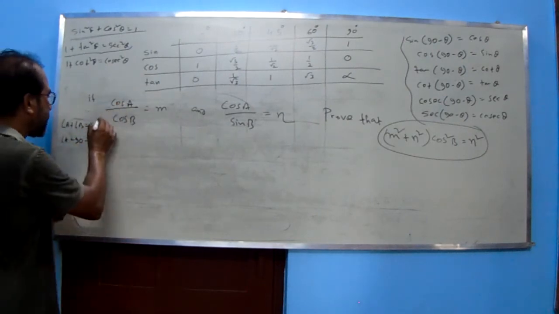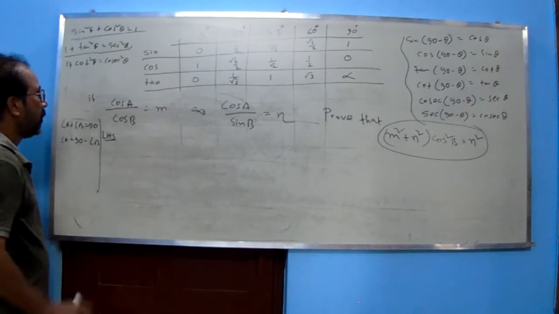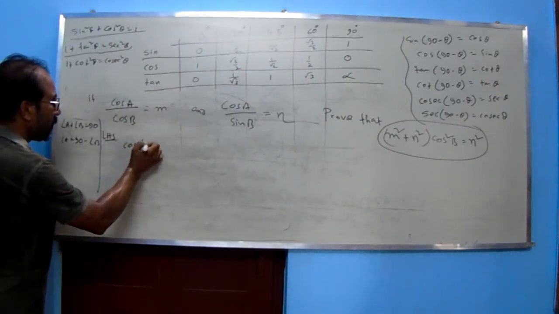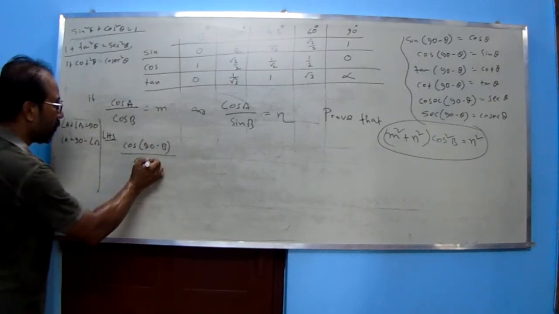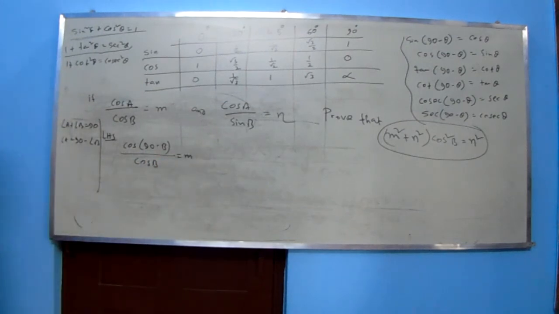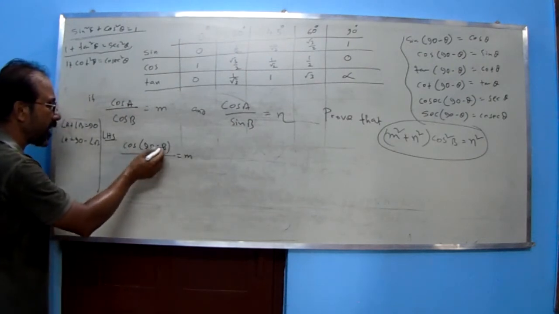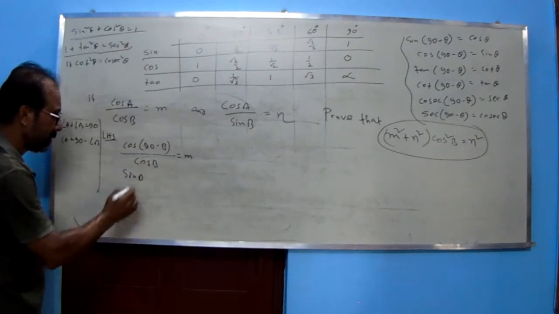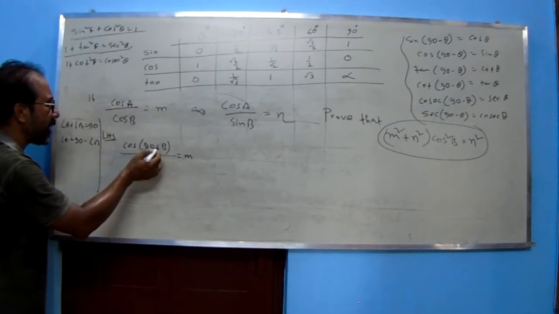Now, in cos A as LHS, cos A means what should I write? Cos 90 minus B divided by cos B equal to M. Cos 90 minus theta equals sin.